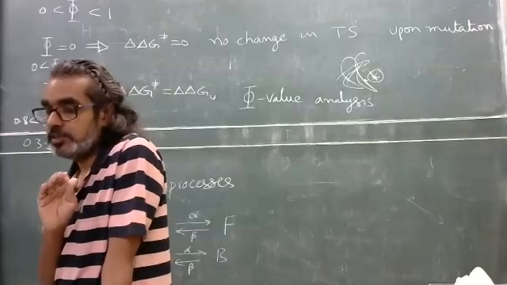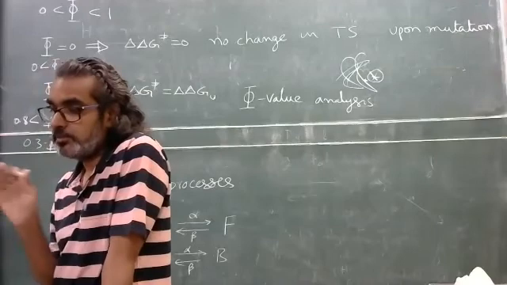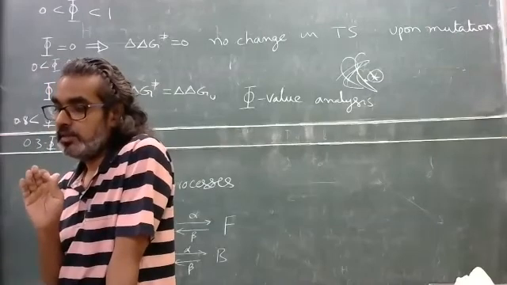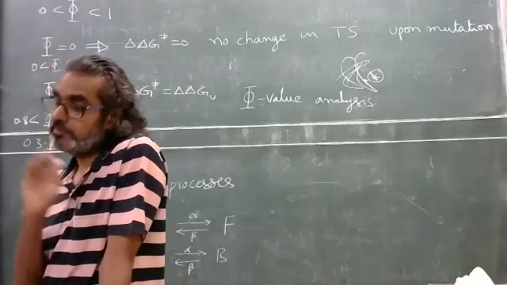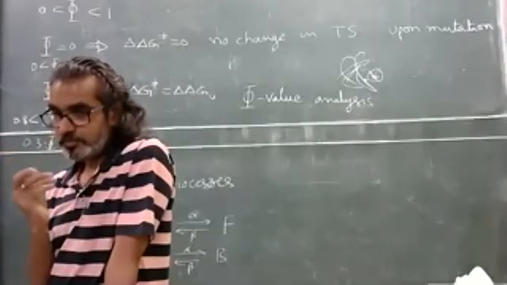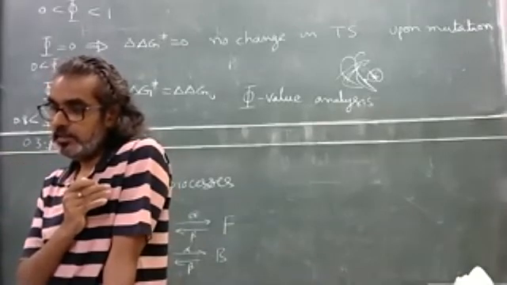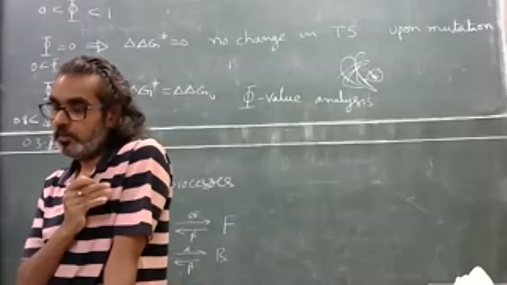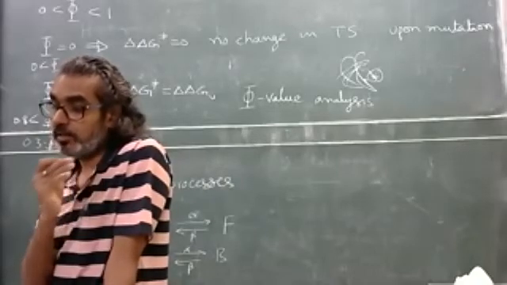But if you change the tryptophan to a polar or charged amino acid or a very small side chain like alanine or glycine, then it might have detrimental effects. So this analysis typically works when the perturbation is small, so that you don't change the whole structure of the protein and the whole stability.